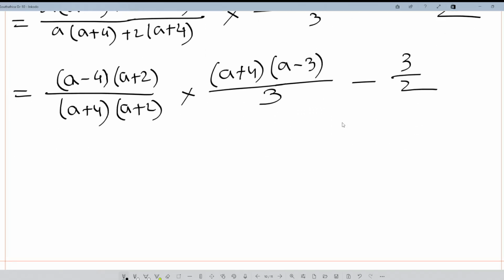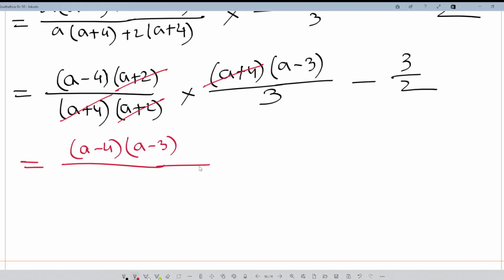Now we have to cancel: a plus 2 out, a plus 4 out. Then here is a minus 4 times a minus 3, divided by 3 minus 3 by 2.